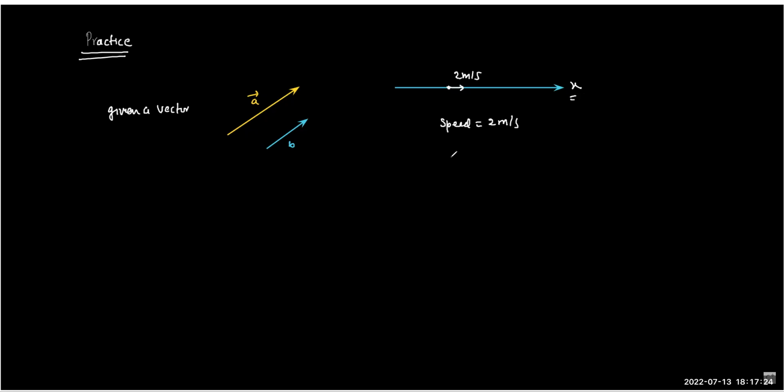So if I wish to define the velocity vector, how do we define it? Magnitude and then direction. So you say 2 meters per second i cap, which means this boy is moving in the x-axis direction with a speed of 2 meters per second. This is called the vector representation, and this is called the velocity vector.